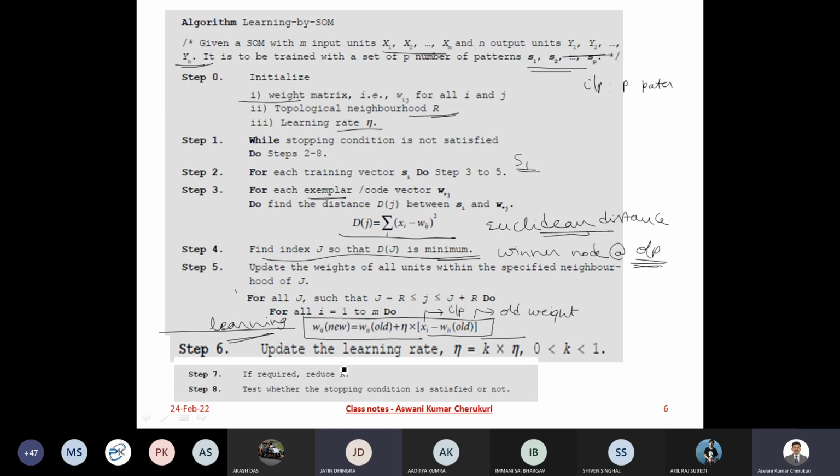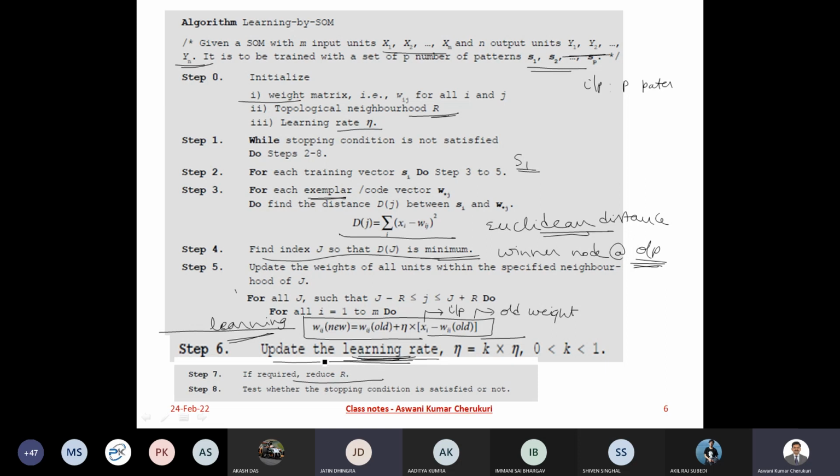Then you update the learning rate. If it is required, you reduce the radius also. We have discussed the backpropagation algorithm and so many other algorithms, but this step, especially adjusting the learning rate, we have not encountered.